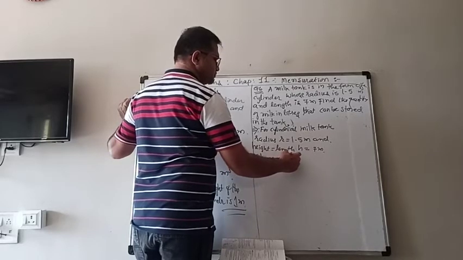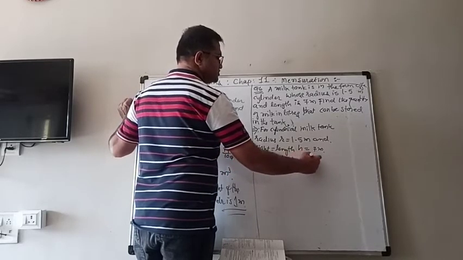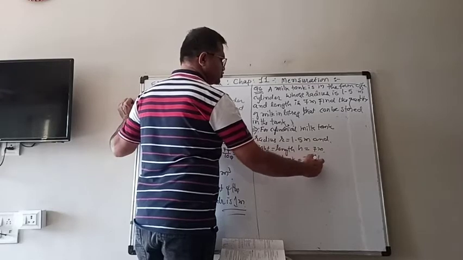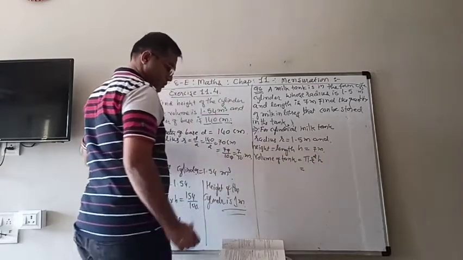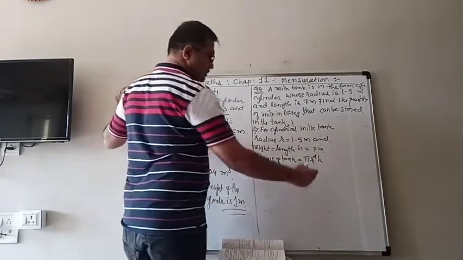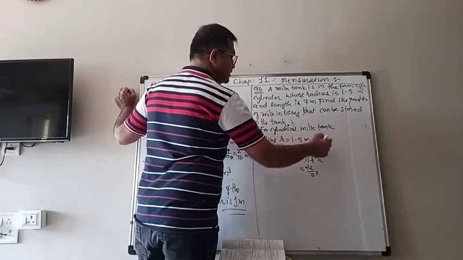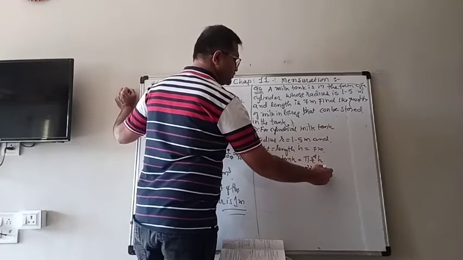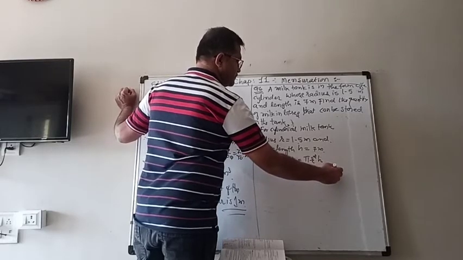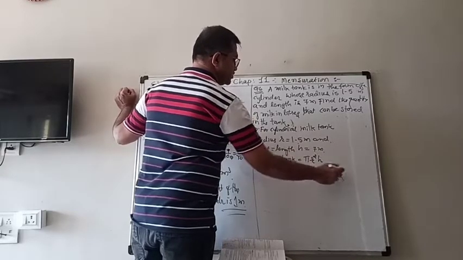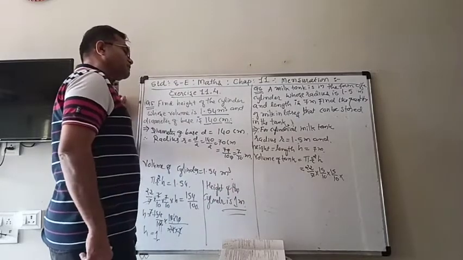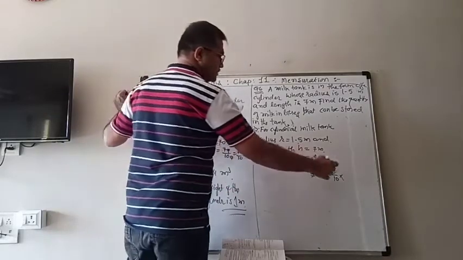Volume of tank is pi r square h. Value of pi we will take as 22/7. Radius is 1.5, so 15 upon 10, 15 upon 10. So it is easier. Multiply by height, h is 7.